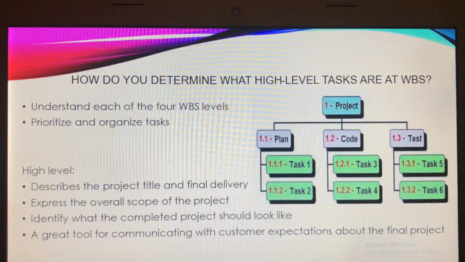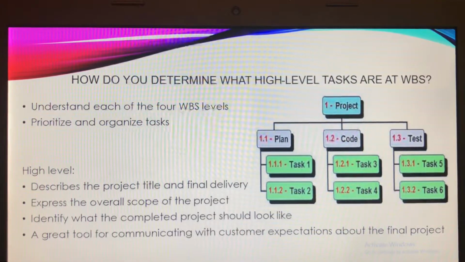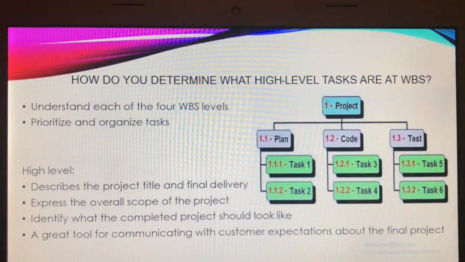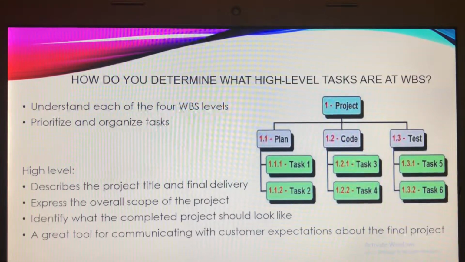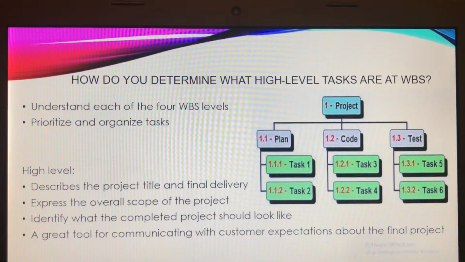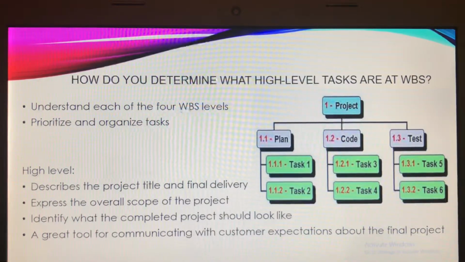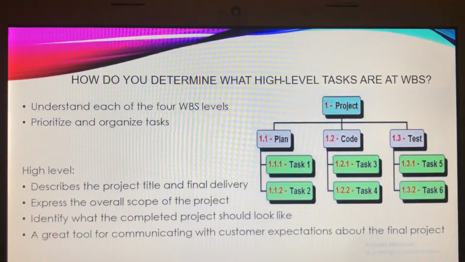High-level WBS states the project title and final delivery. You can start your WBS with this section, and high-level WBS can be a great tool for communicating with your clients' expectation about the final project.